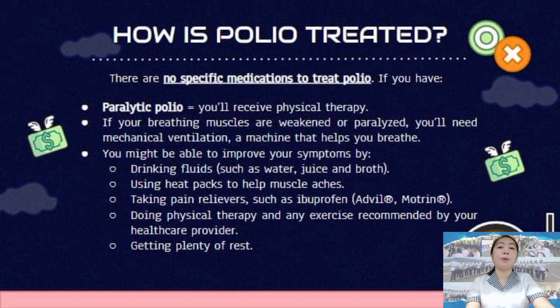Also do physical therapy and any exercise recommended by your healthcare provider, and get plenty of rest. There is no cure for polio, only treatment to manage the symptoms. Mild cases are usually treated with plenty of fluids and plenty of rest.